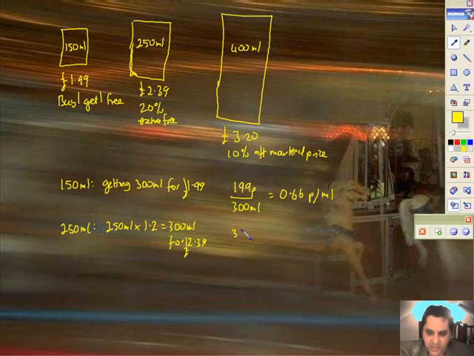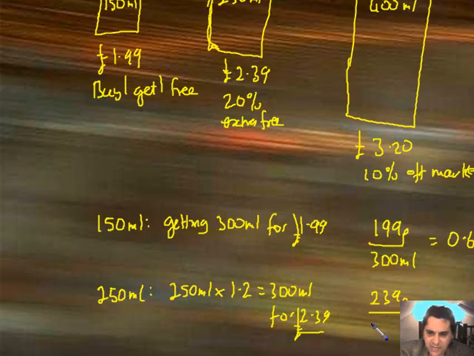I'm going to take my 239 pence and share it amongst my 300 milliliters, to find the cost of 1 milliliter. So 239 pennies divided by 300.